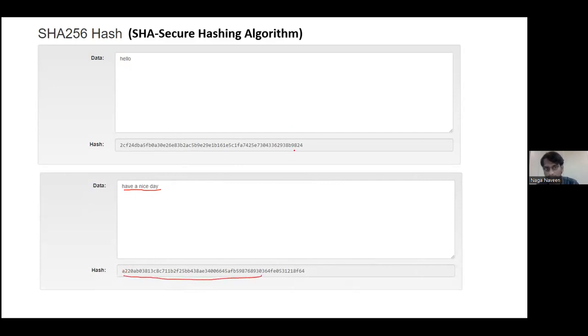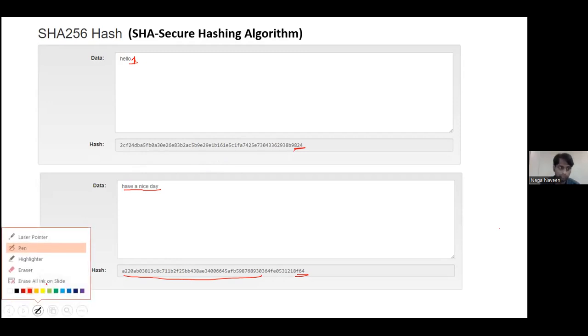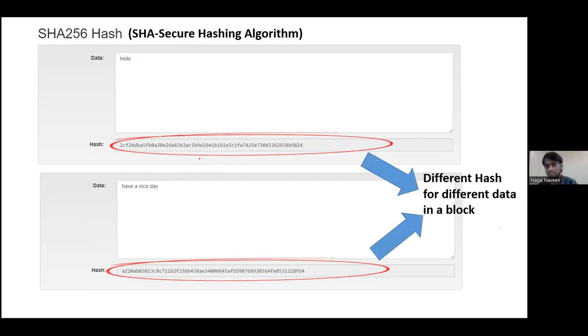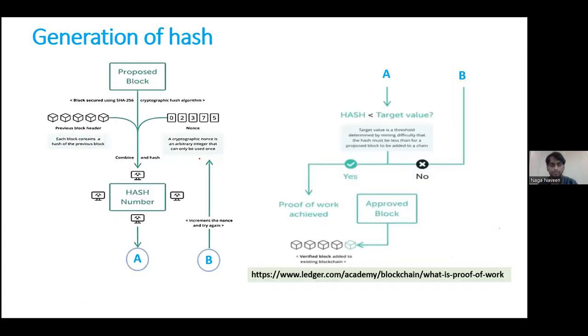Let us look at just the last three letters: it was 824, and here it is F64. What if I put hello one here? Even for the minute change of adding a single letter, the hash will change. So with this example, you can see that for a different set of data, a different hash will be generated.